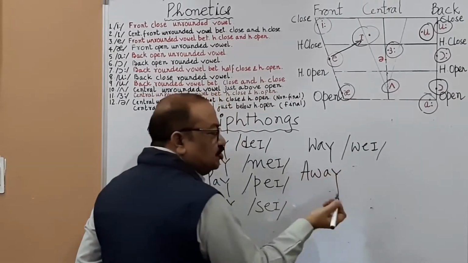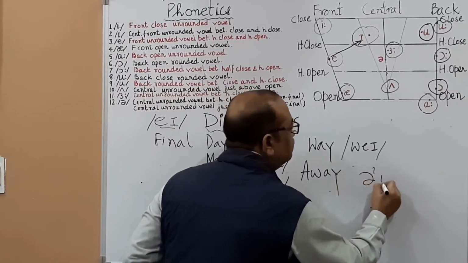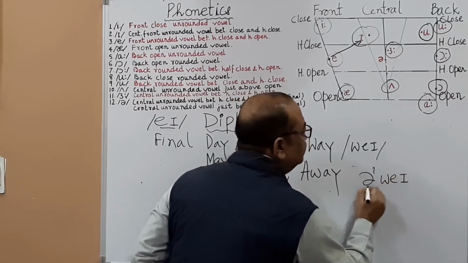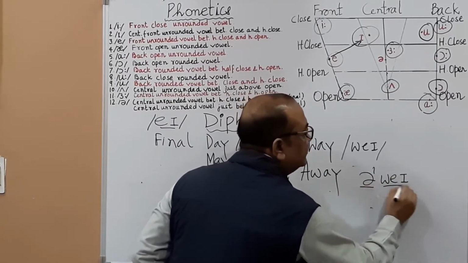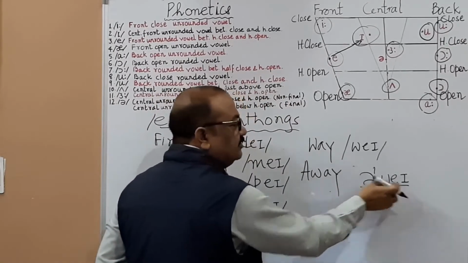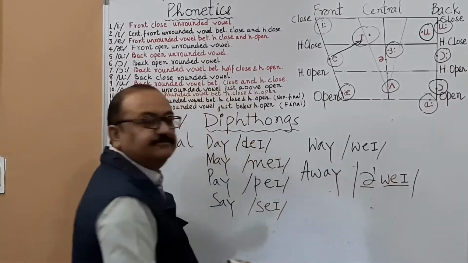Here you have two syllables. This is one syllable and this is another syllable. Here you have a diphthong and here you have a vowel. Away, away.